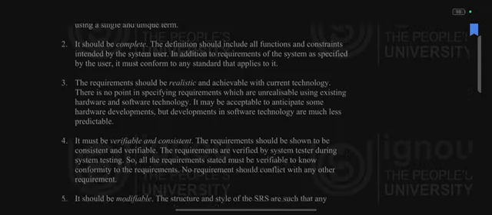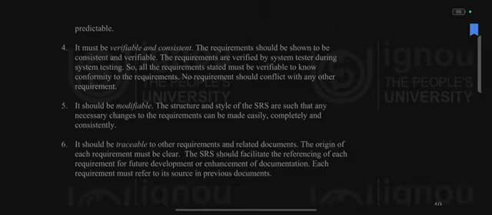It must be verifiable and consistent. The requirement should be shown to be consistent and verifiable. The requirements are verified by system tester during system testing. So all the requirements stated must be verifiable to know conformity to the requirements.